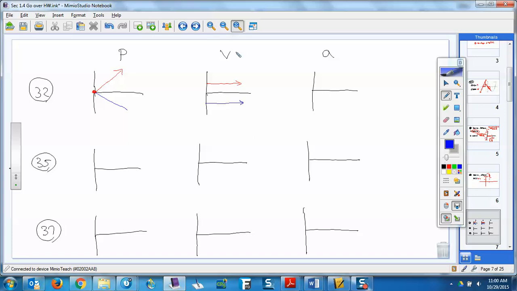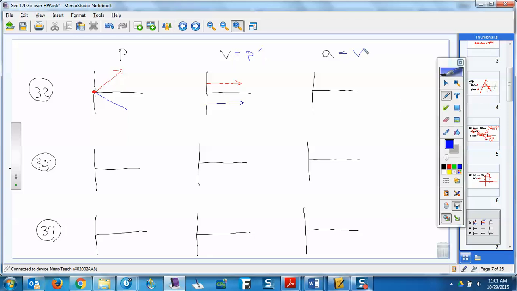Remember, velocity is P prime. P prime means slopes. The red graph has a positive constant slope. So, 2 slope the whole time. So over here, the y value should be 2, right? Here, the slope is -2, -2, or whatever. So the y value over here should be -2, -2, -2. Okay.